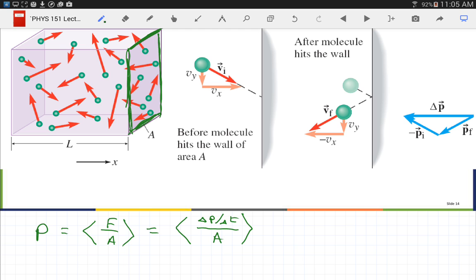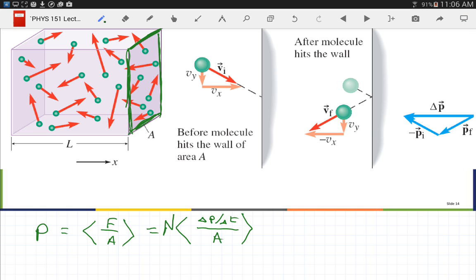And if I want to find the average, I'm going to be doing this on all of my molecules. So I'm going to have to introduce a times N to get the total. Take the average of all the molecules, and then times N, the number of molecules that are striking the surface. And that will give me my pressure. So I had to make that change now before I go further and forget about it.